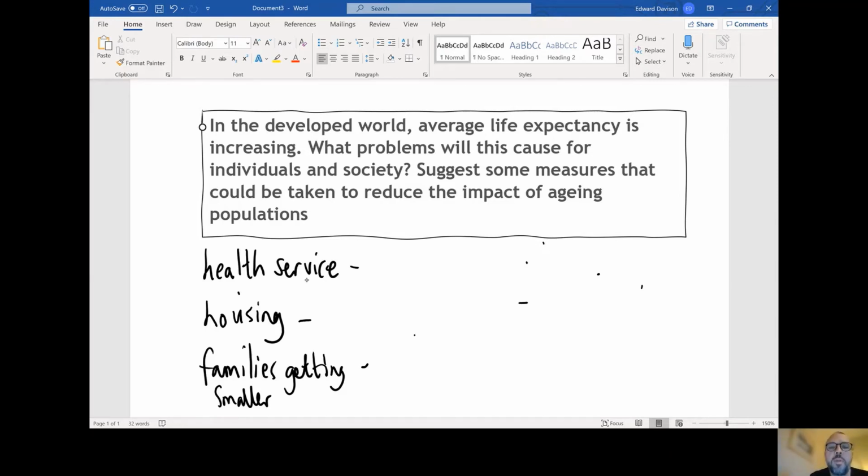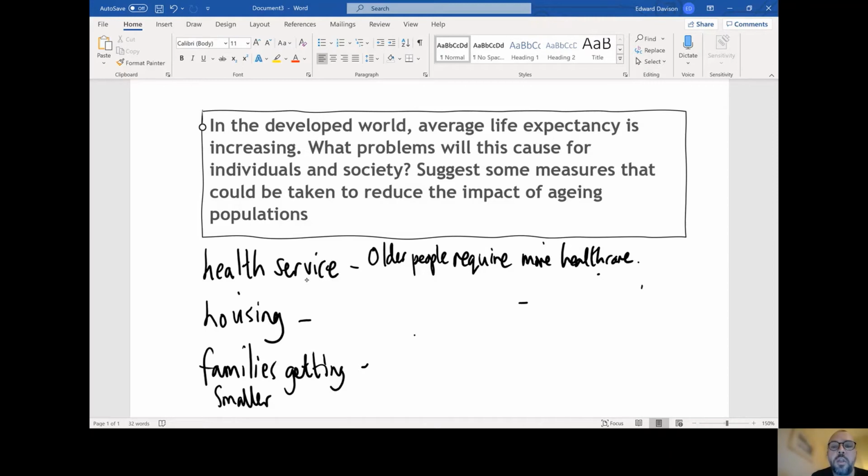Why is this a problem for the health service? Older people require more health care.